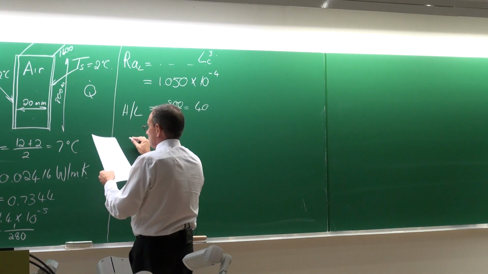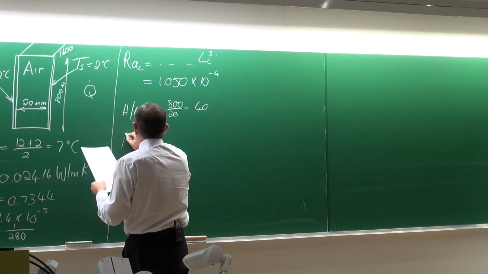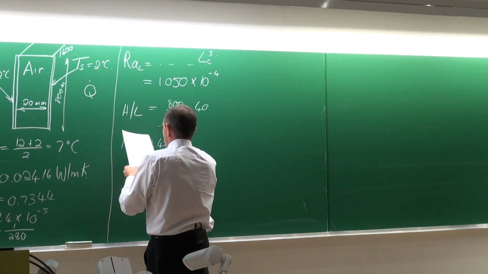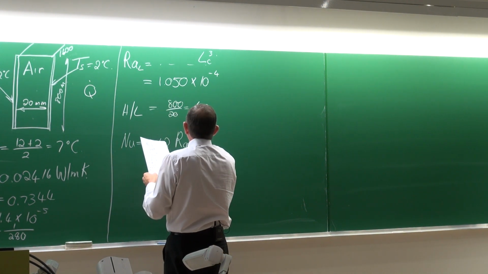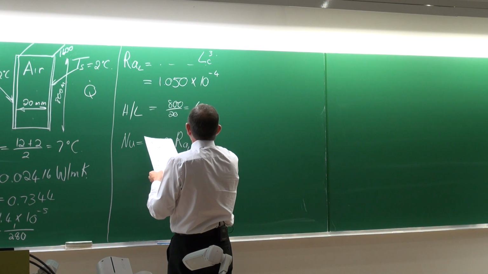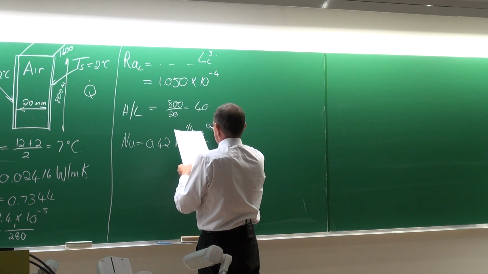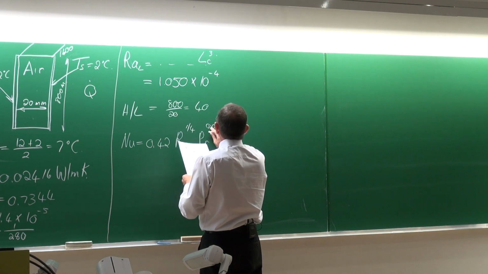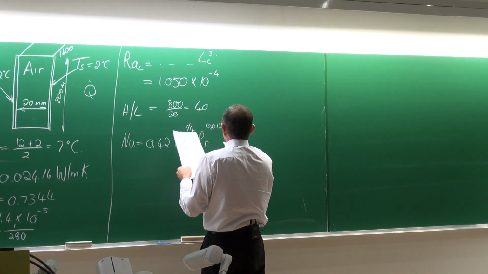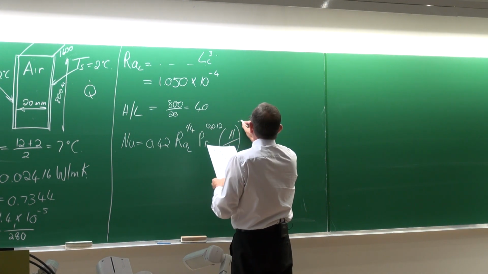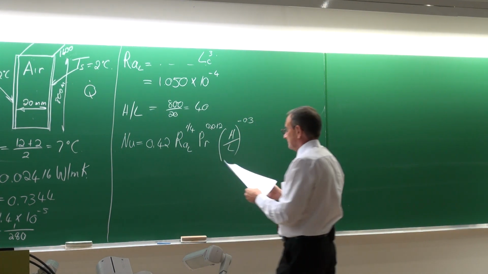And then you're going to use equation 954 that gives the Nusselt number is equal to 0.42, Rayleigh based on the length to a quarter, Prandtl to the 0.012 multiplied by the aspect ratio, H divided by L, to the minus 0.3.